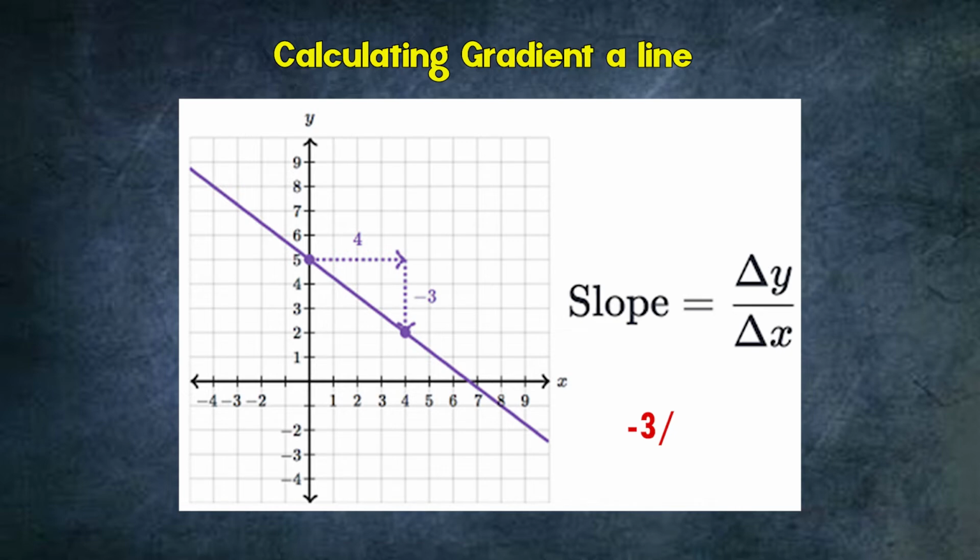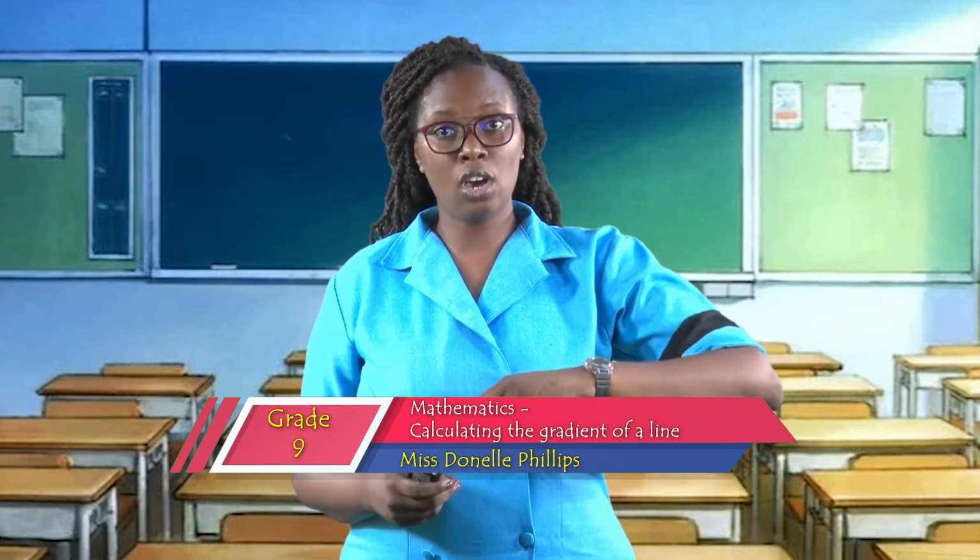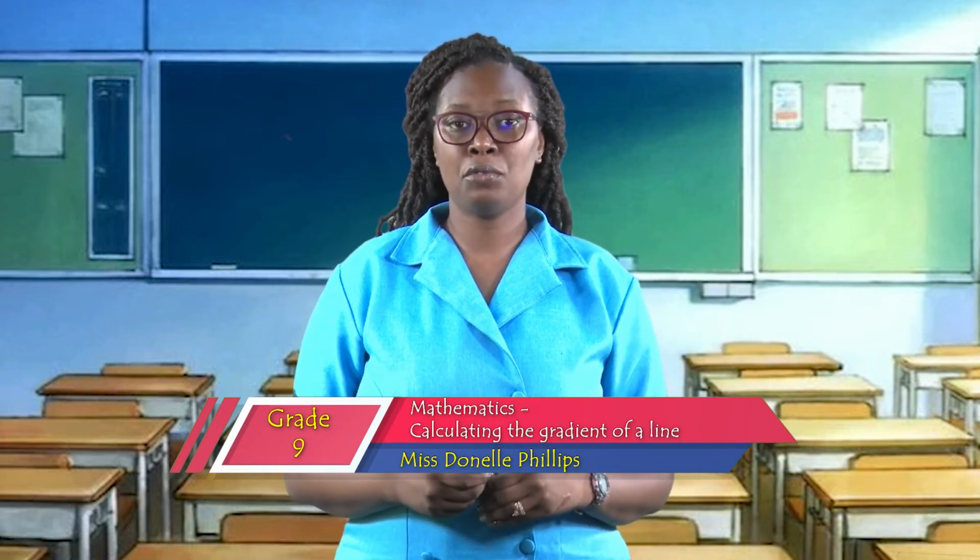We moved 4 places to the right, that's +4. So the gradient is -3 divided by +4, which is -3 over 4. In the previous lesson, we learned that as long as a line is sloping downward, it has a negative gradient. This is evident here.